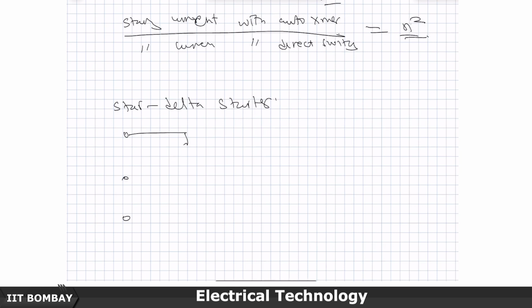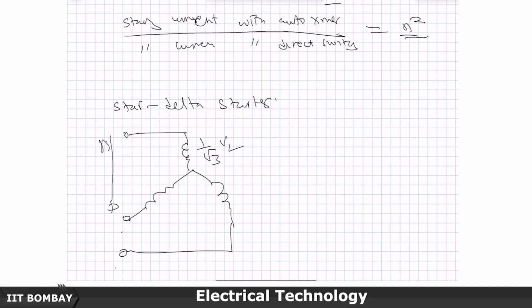Now, if I connect the 3 windings in star, with the supply the same, then I will get here only 1 by root 3 of this line voltage.